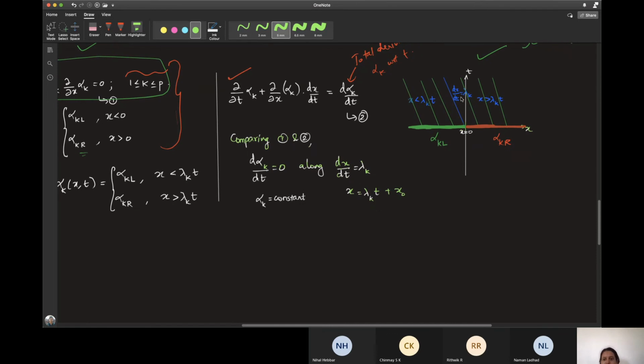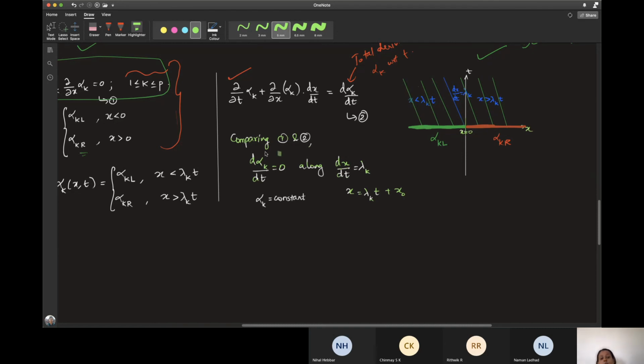So you have such a plane, and you have such lines passing through each and every point on the x-axis. Along each of these lines, your alpha k remains constant. If you have alpha k defined at t equals 0 on the x-axis, so if at x naught you have some alpha k, that alpha k will remain the same on this line.